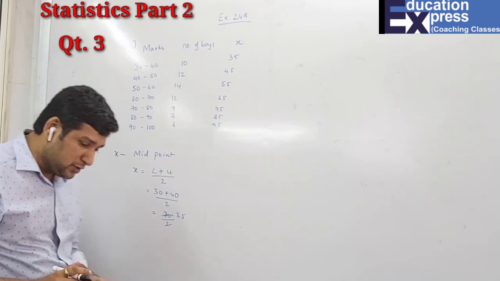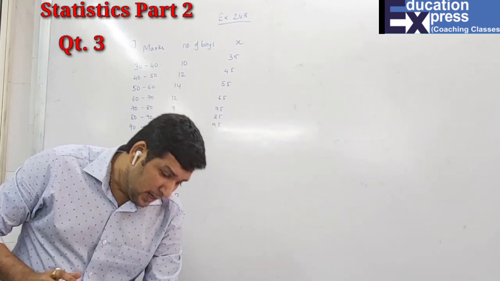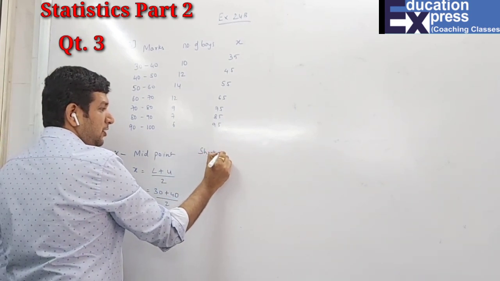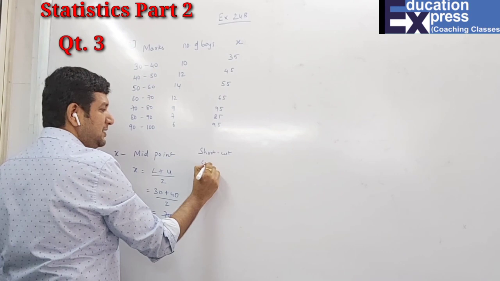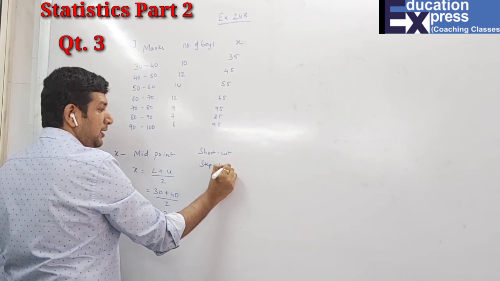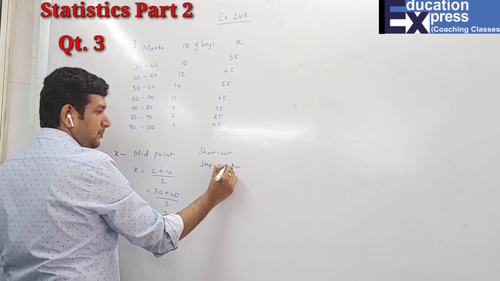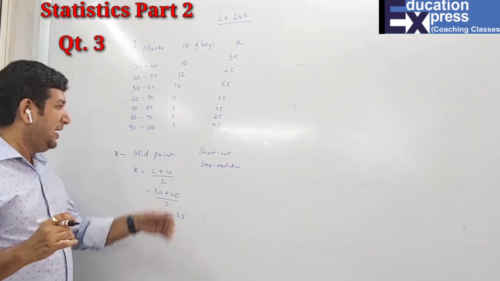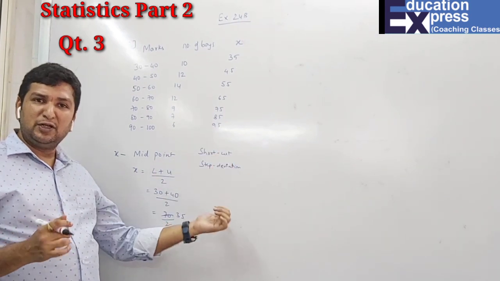Now here they have asked us to find the mean using shortcut method. That means here we have to find using shortcut and step deviation both. Remember students, methods are different, but what we are finding is the common mean. That means either use your shortcut, step deviation or direct.